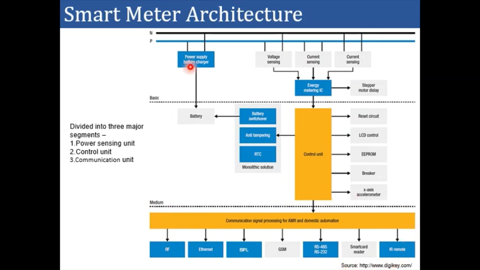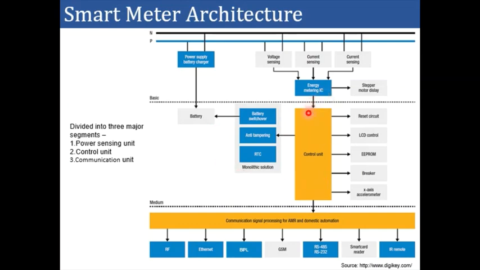So in power sensing unit, the role of this block is to sense the various parameters such as voltage and current. Now this information is processed and shared with the control block.